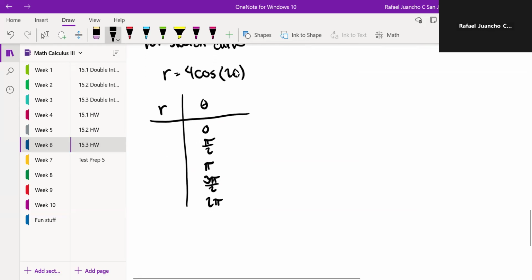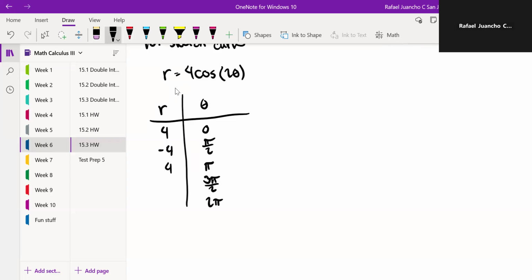So when my cosine is 0, well, that's just 1. So this is 4. This is pi half, this is pi. Cosine pi is 0, I think. Or negative 1. Times 4, so that's negative 4. Oh, that's 2 pi. That's a full rotation.